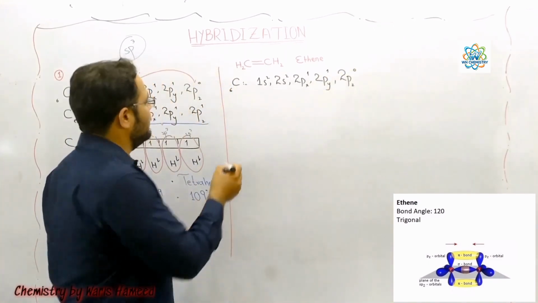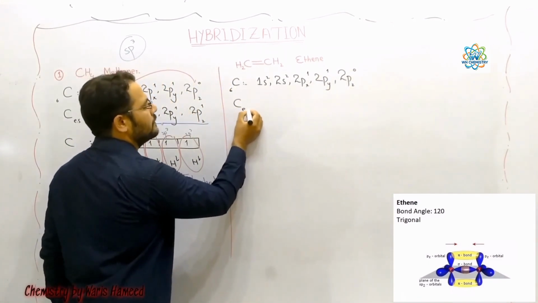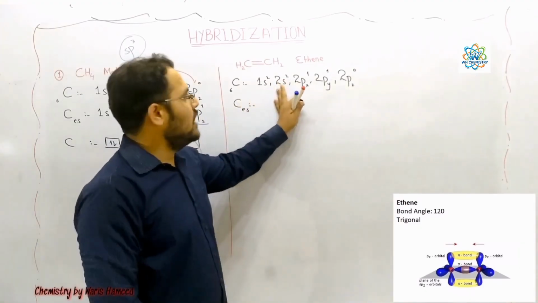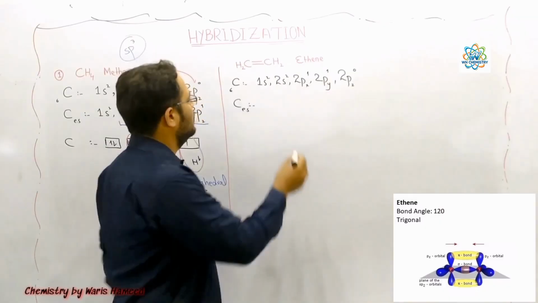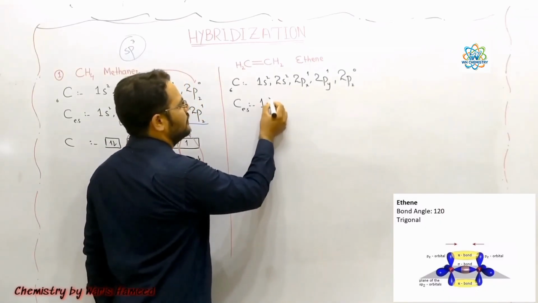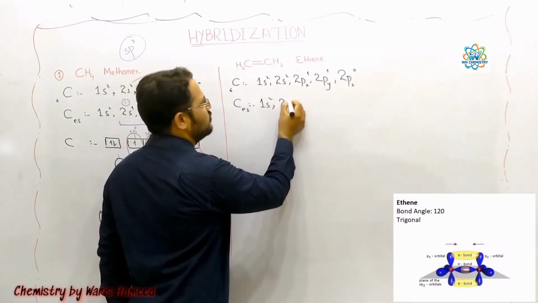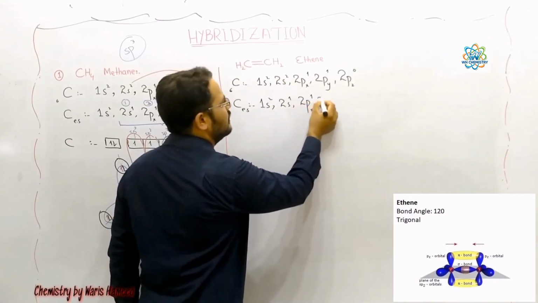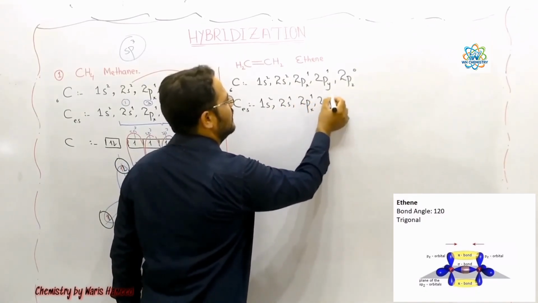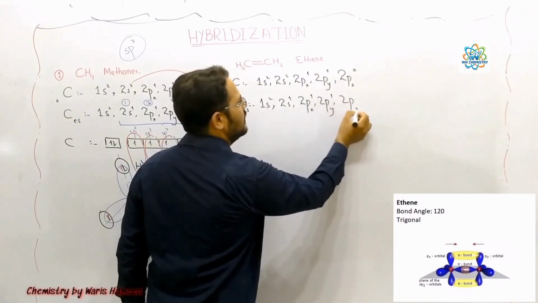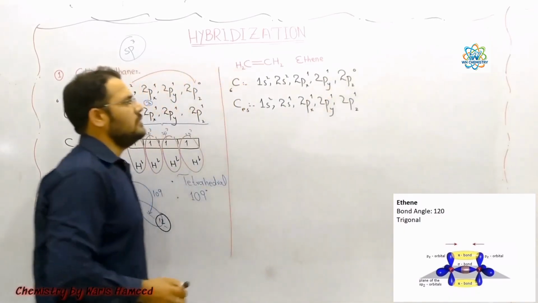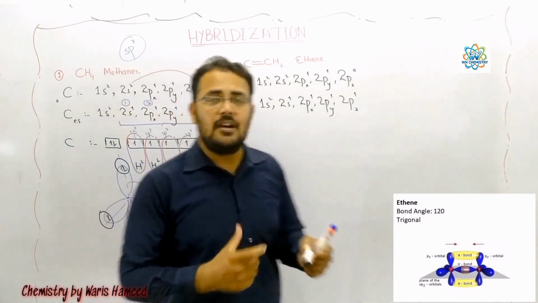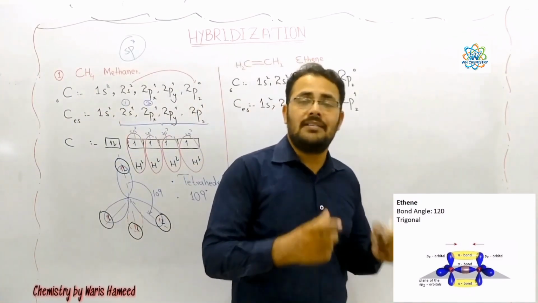Its excited state: I have told you that one electron will jump from 2s to 2pz, and it will be 1s2, 2s1, 2px1, 2py1 and 2pz1.